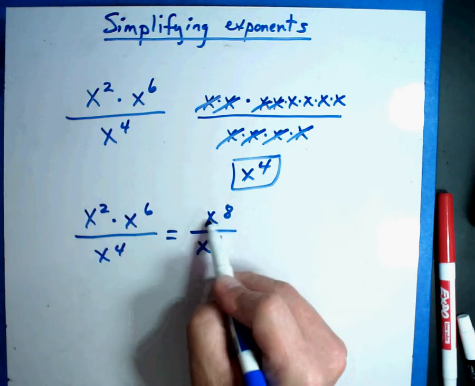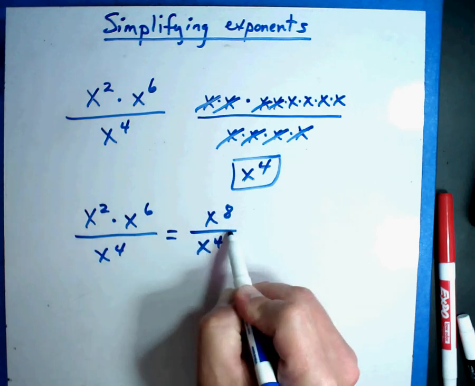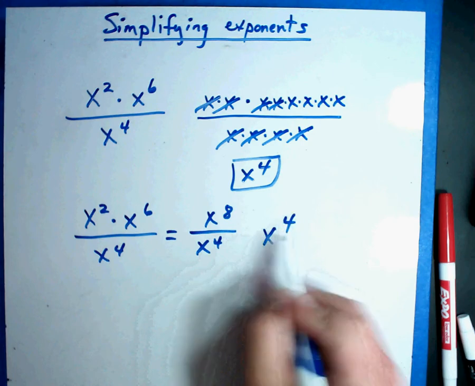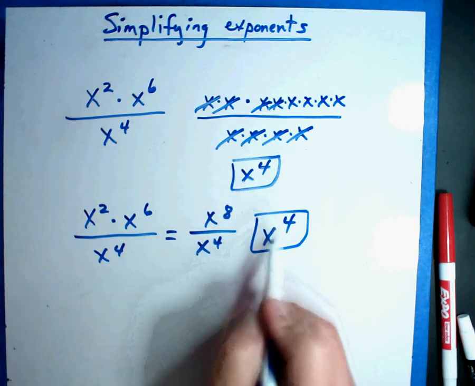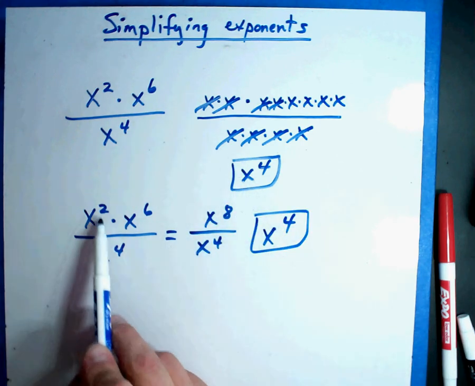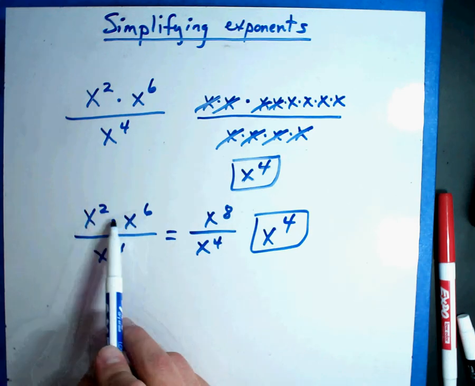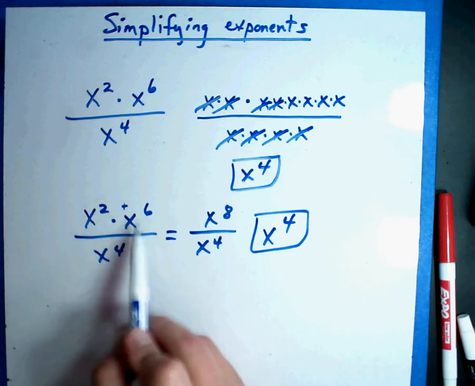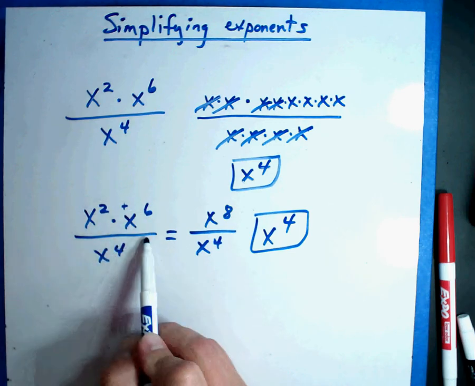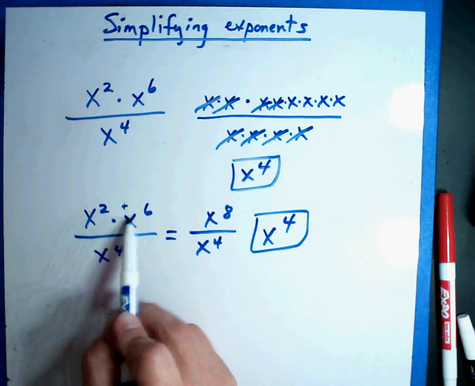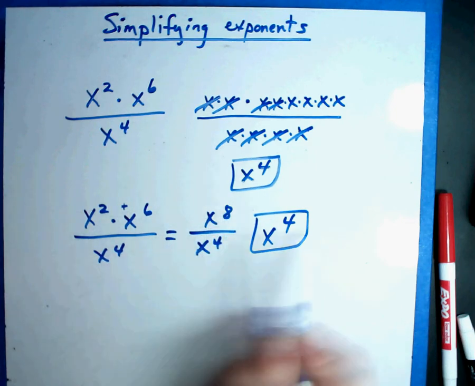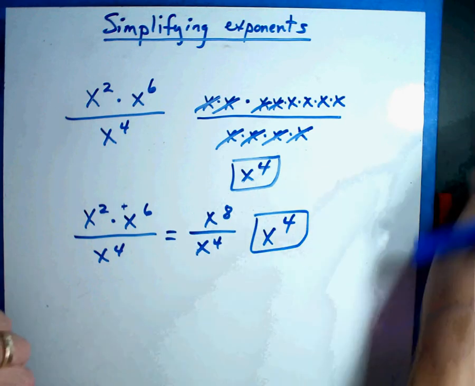So if I have x to the 8th divided by x to the 4th, that means I'm going to subtract the exponents. 8 minus 4 is x to the 4th. You'll notice I got the same answer both ways. Let me do this one again. If you have exponents and they're multiplied, you add them together. If they are being divided, you subtract. So x squared times x to the 6th is x to the 8th divided by x to the 4th, so this is subtraction. I got the same answer both ways.